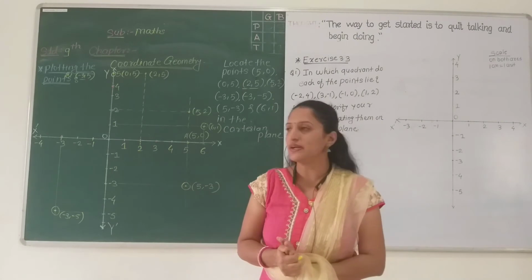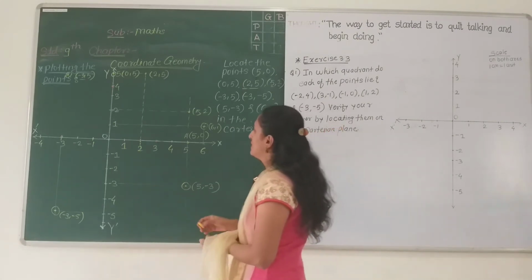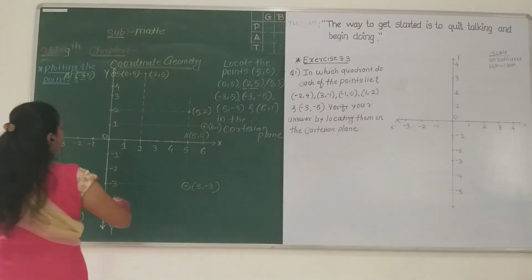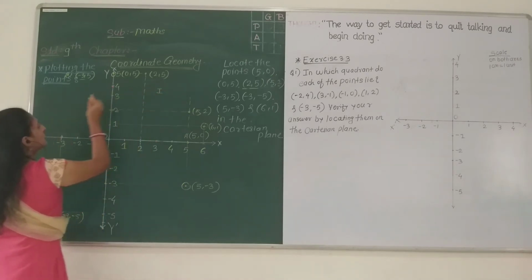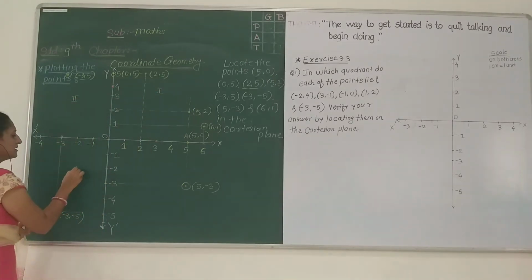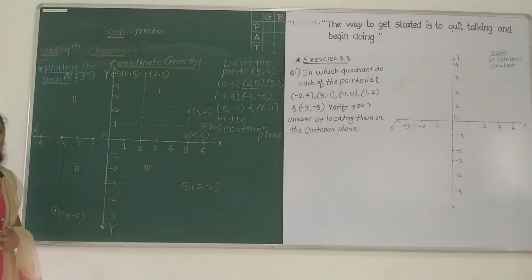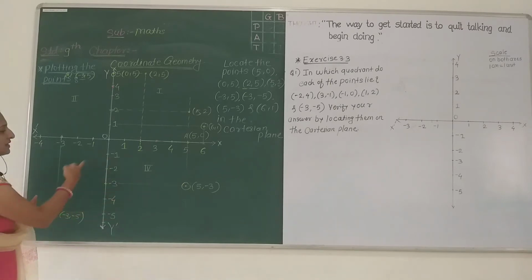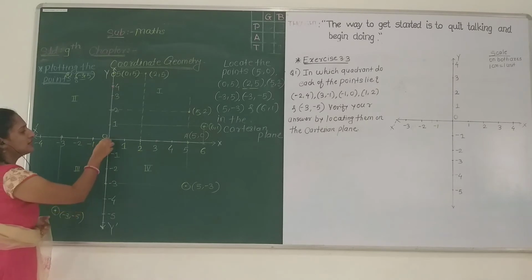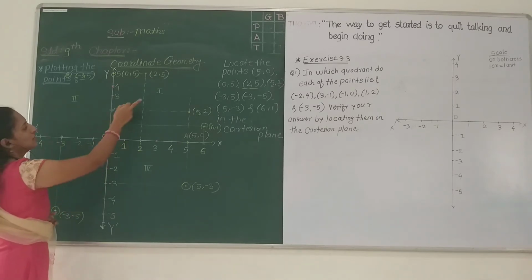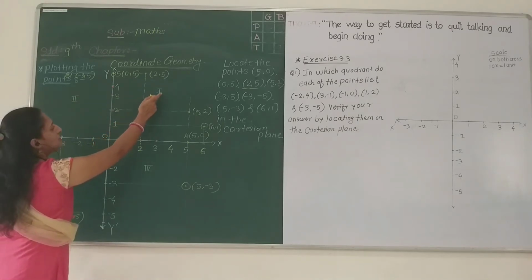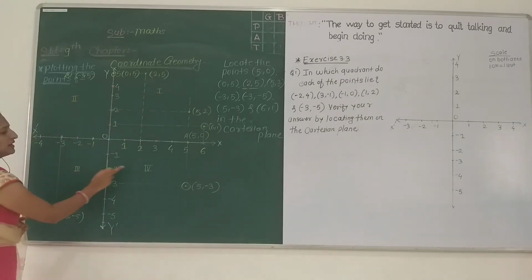Now students, look here. We name this quadrant the first quadrant, this is second, this one is third, and this one is fourth. There are 4 quadrants. We learned in our previous session that these 2 number lines intersect at 0, and divide the plane into 4 quadrants: first, second, third, and fourth.